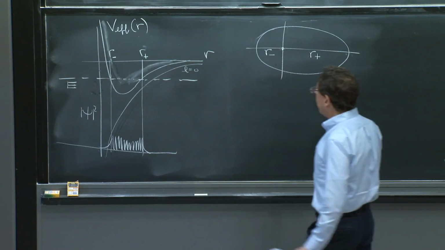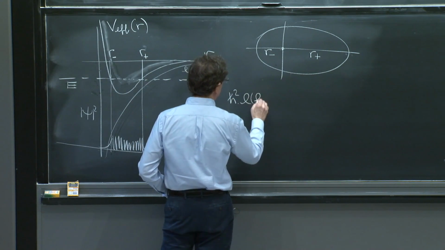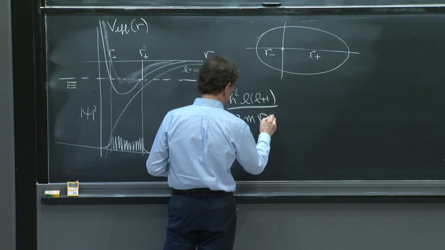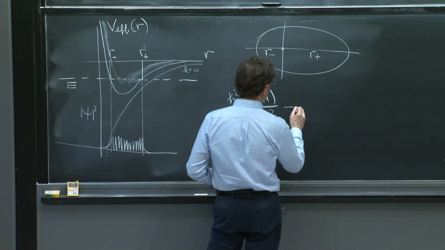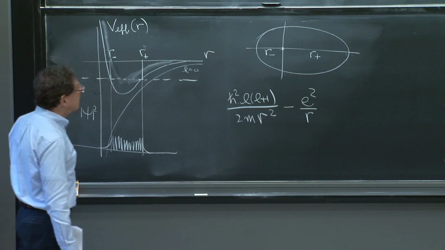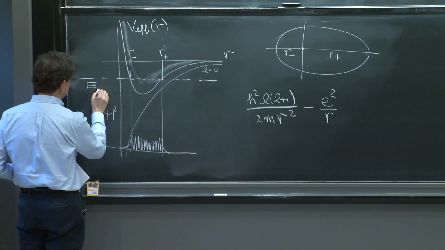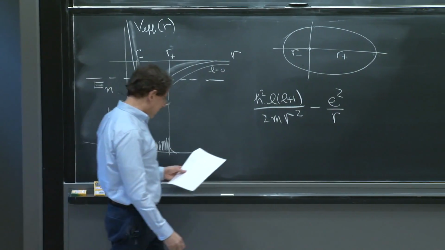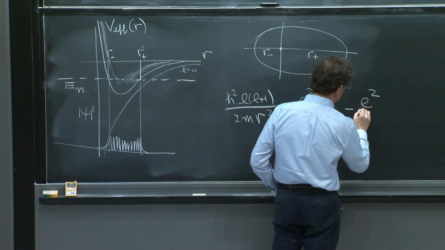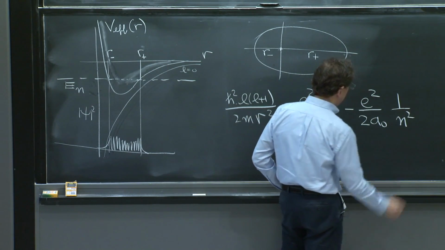So how do we do that? Well, we set h squared L times L plus 1 over 2mr squared, minus e squared over r, that's the effective potential, equal to the energy of some level n, principal quantum number n, so it would be minus e squared over 2a0, 1 over n squared.